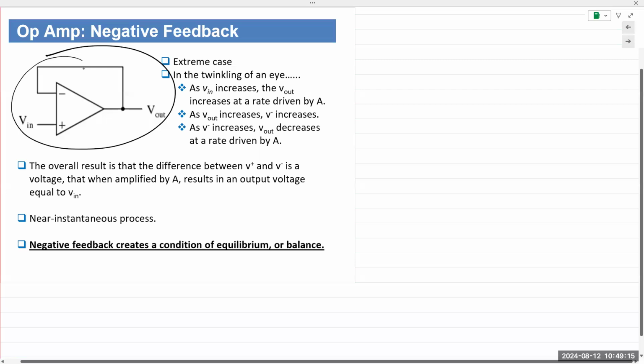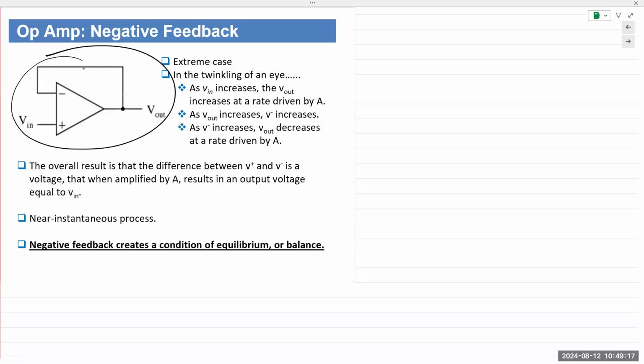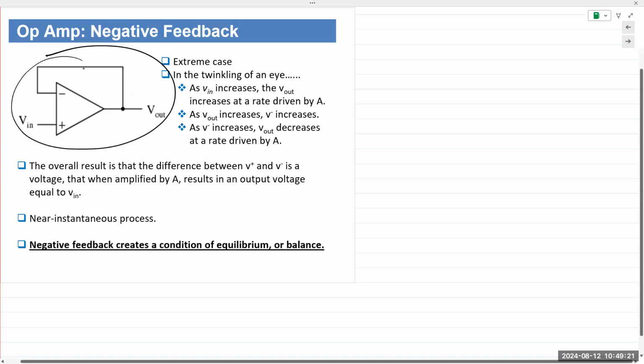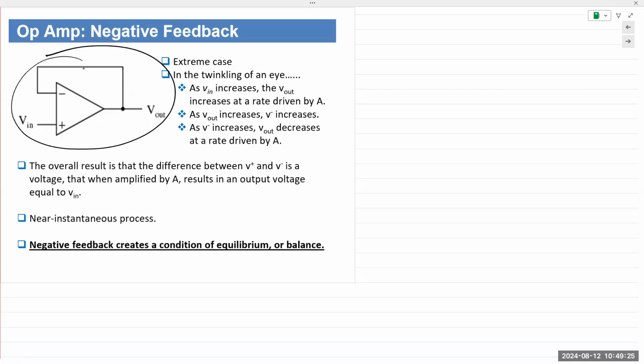It's known by a number of names: isolation amplifier, buffer amplifier, unity gain amplifier, impedance isolator, multiple names, all of which describe this circuit. All you're doing is simply taking the output of the circuit and connecting it back to the input.